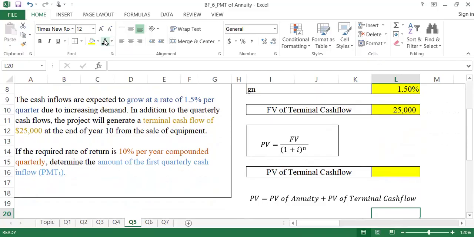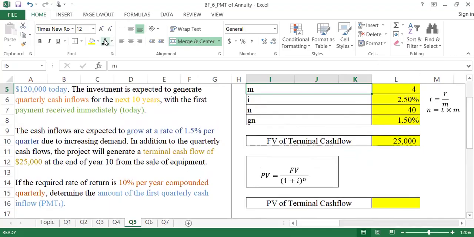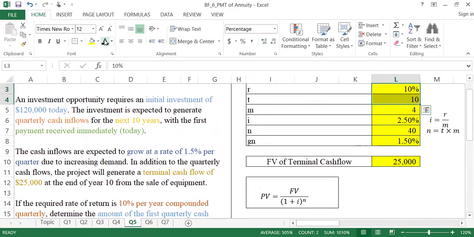But before we talk about the annuity part, we have to subtract the present value of the terminal cash flow from the total present value. Using the same formula, PV is equal to FV over 1 plus R, I power N. Since the compounding is happening on a quarterly basis, we have to use I and N, 2.5% interest rate for 40 quarters, not R and T. We cannot use R and T when compounding is any other frequency.